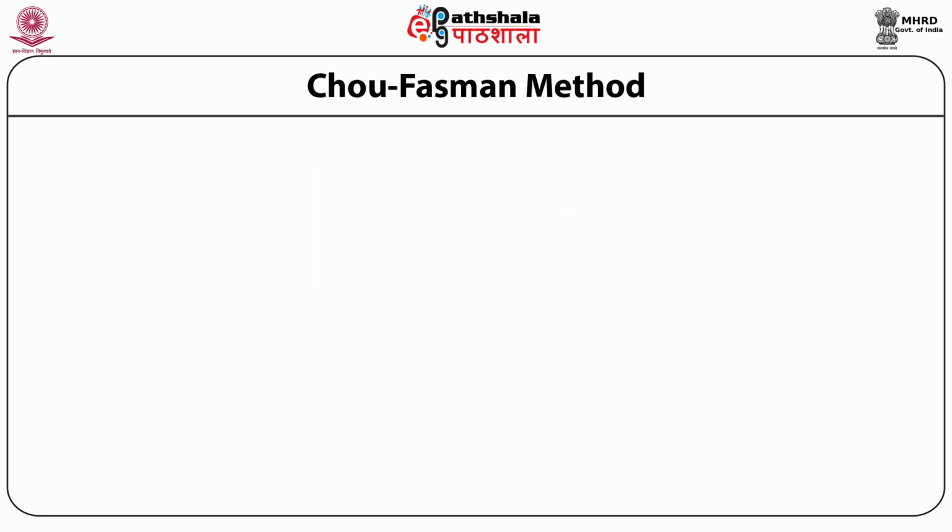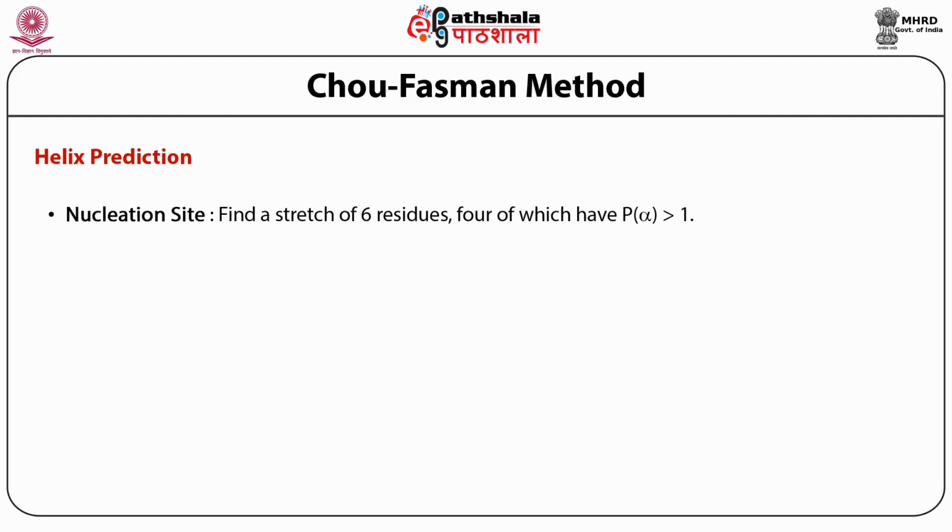Now once you have that, Chou and Fasman assumed that for every secondary structure there is a nucleation site. For example, for a helix, he assumed that there must be a nucleation site of about 6 residues. So this you have to first identify. You take a 6 residue window and average the helical propensity of the amino acids in the window. Where it is higher than a certain threshold, this is considered to be the nucleation site for a helix.